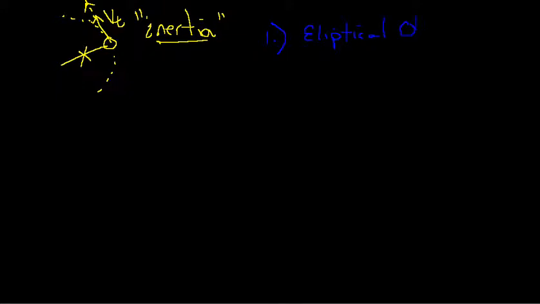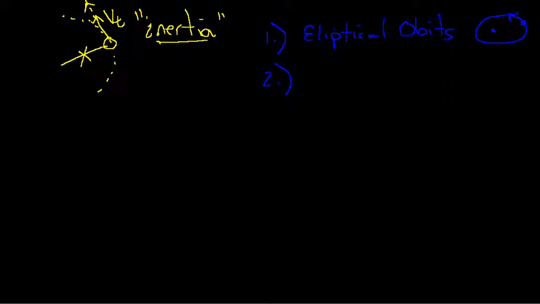So we have elliptical orbits, with one of the objects at one of the two foci of the ellipse. So here's maybe the sun, and that's the Earth, and the Earth's traveling around the sun in an elliptical orbit. That's Kepler's first law.